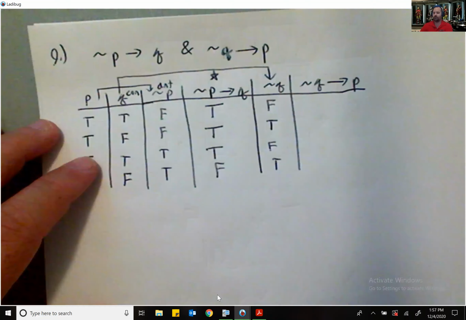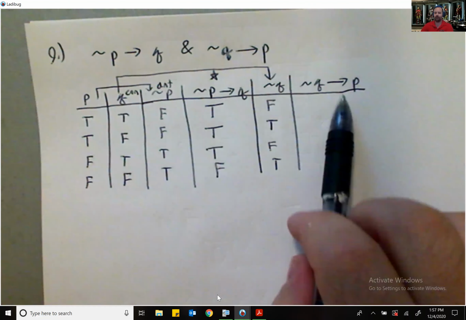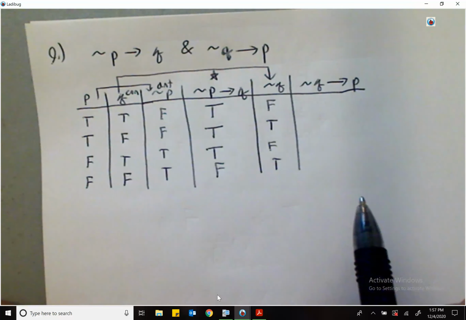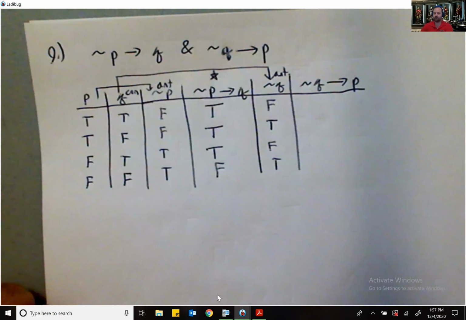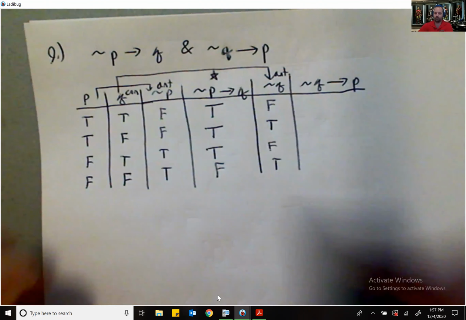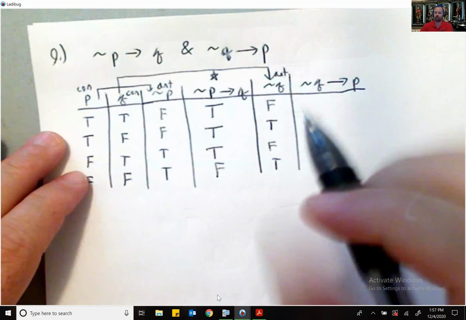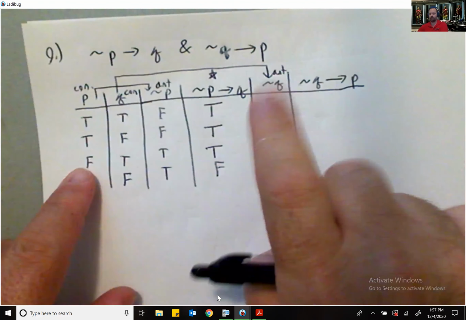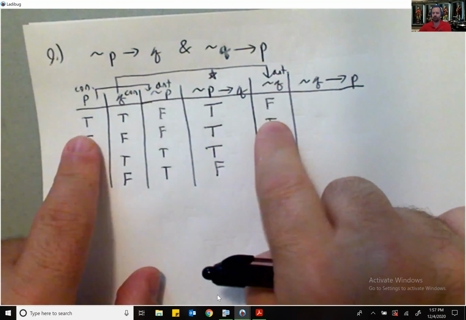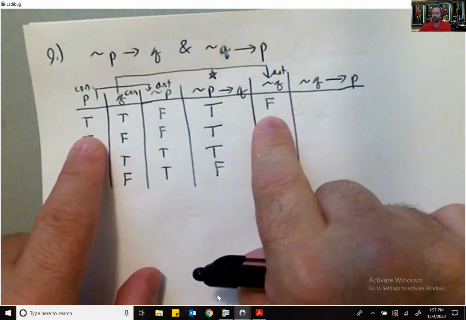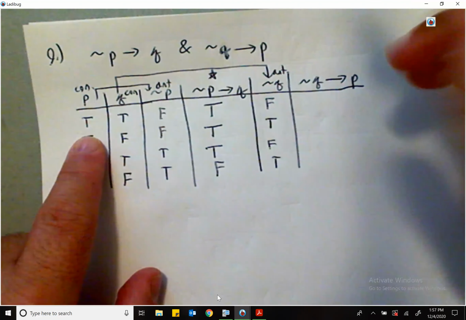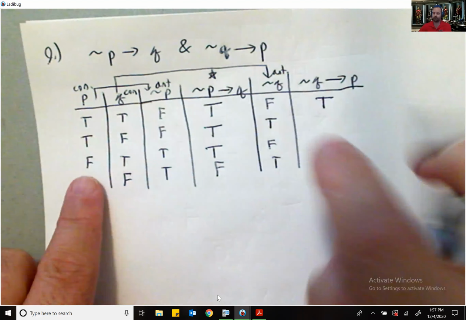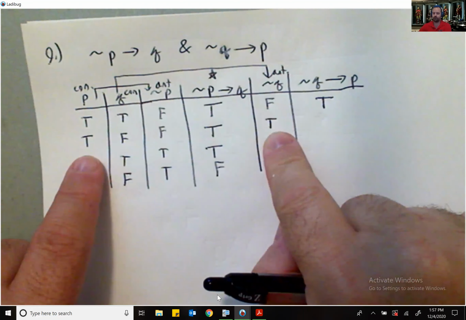All right, who's the antecedent in here now? Negate Q. Okay. Who is the consequent? P. Okay. So we're looking at it from this column to that column. So false, true. It's true. True, true. It's true.